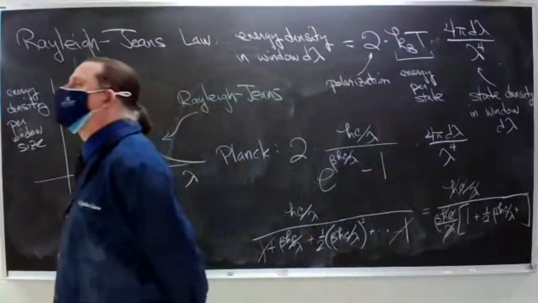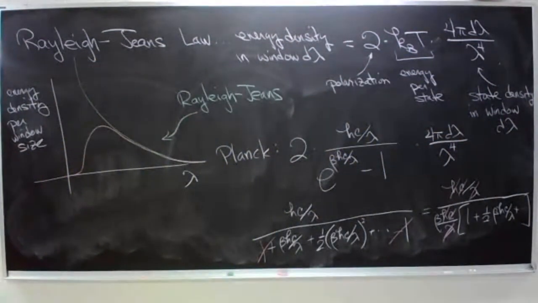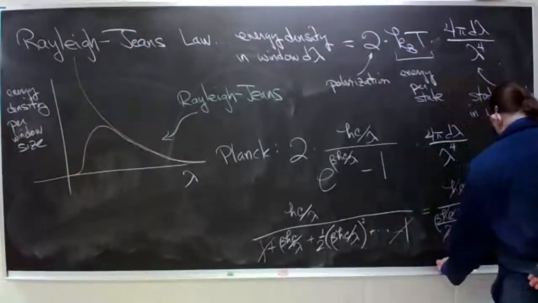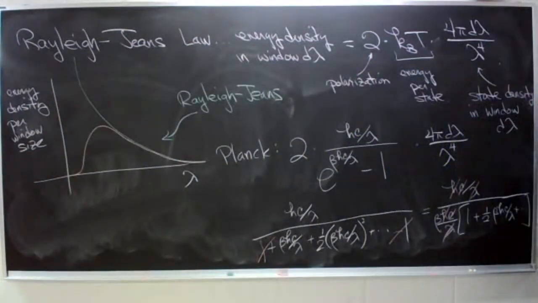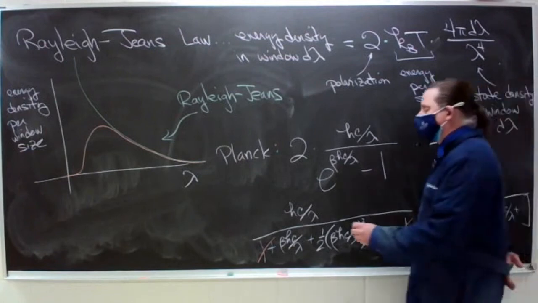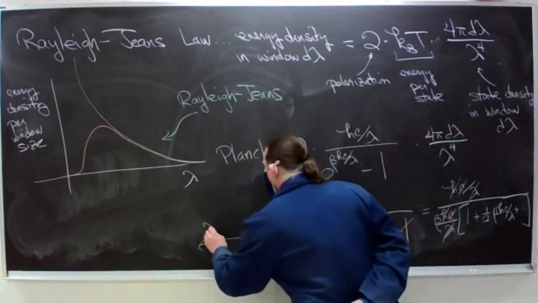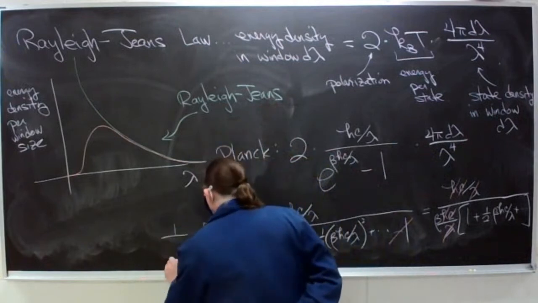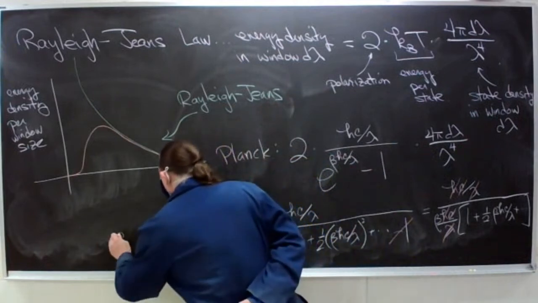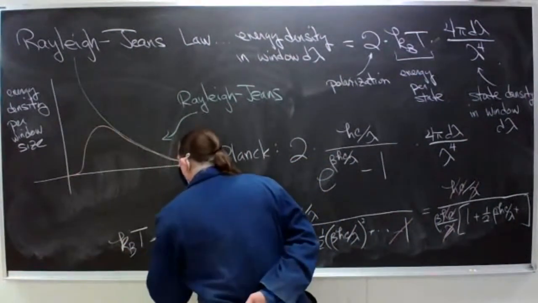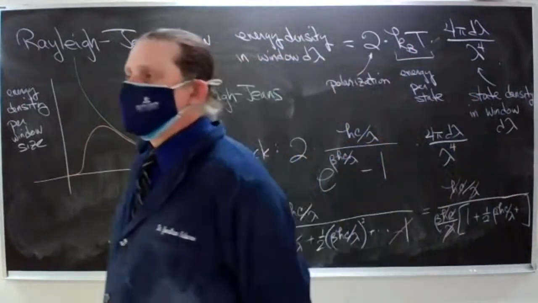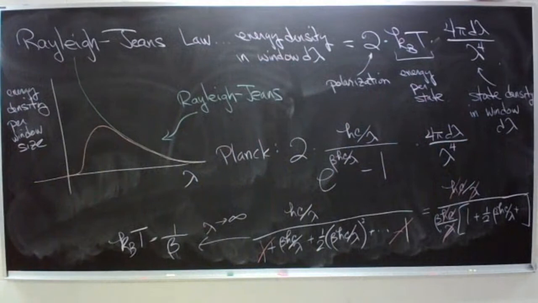And as lambda tends to infinity, this effectively becomes 1 over beta, which is k Boltzmann T, all right?